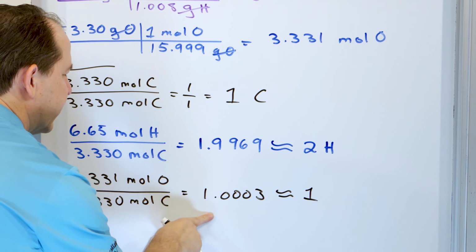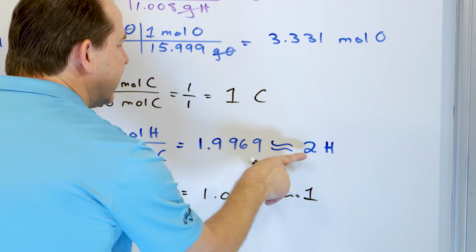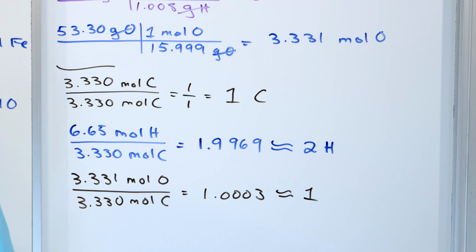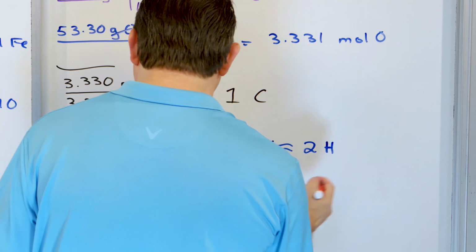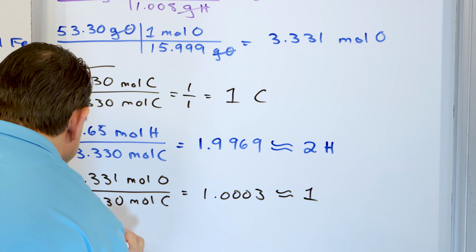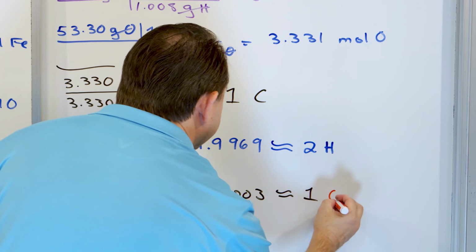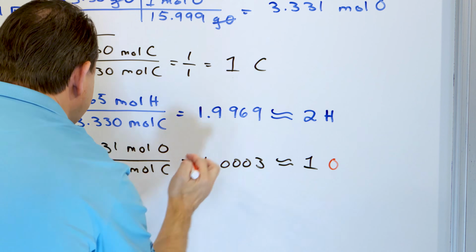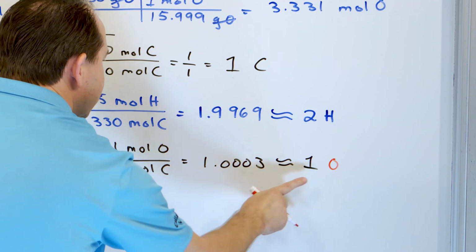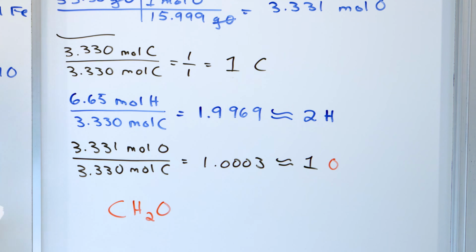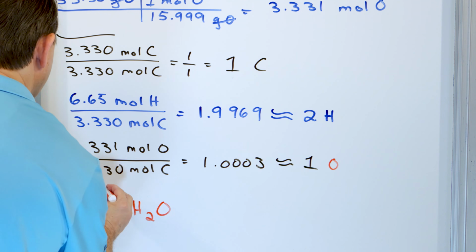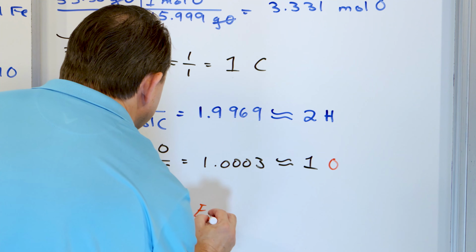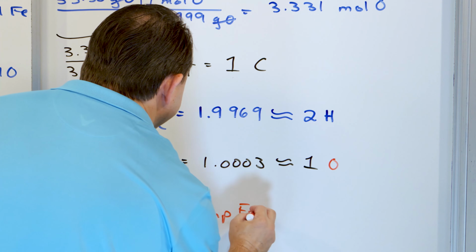It's so close to the number 1, I'm going to say it's experimental error. Basically, it's giving me the number 1 back. So when I put all of this together, the empirical formula is going to be: carbon was the subscript 1, hydrogen was the subscript 2, and oxygen was the subscript 1. So C1H2O1, this is the empirical formula.